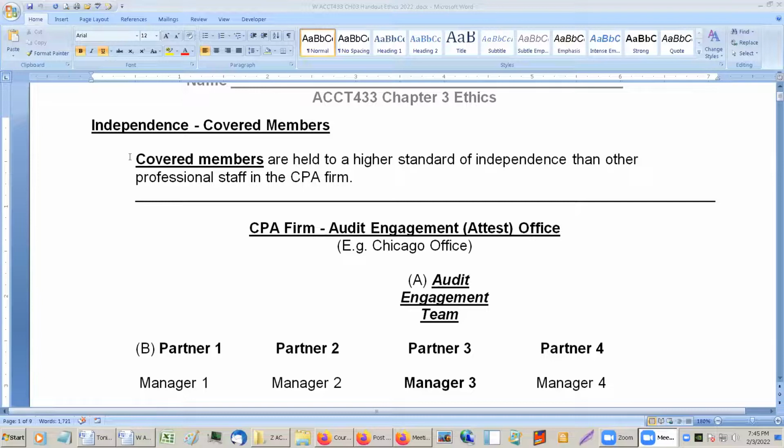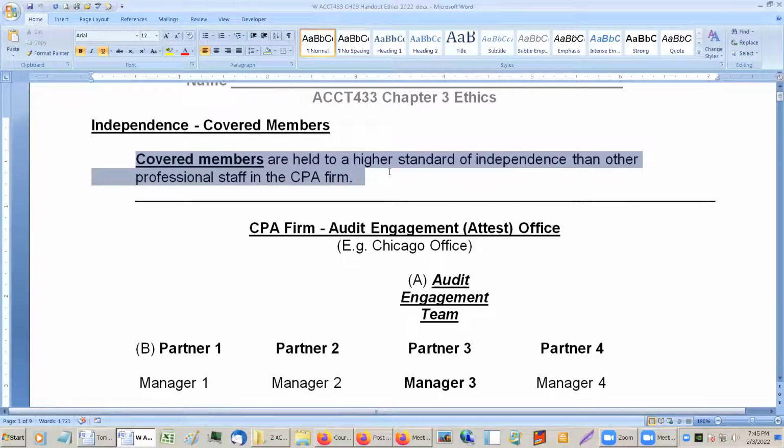Okay, so chapter 3. Covered members. Covered members are people who are held to a higher standard.